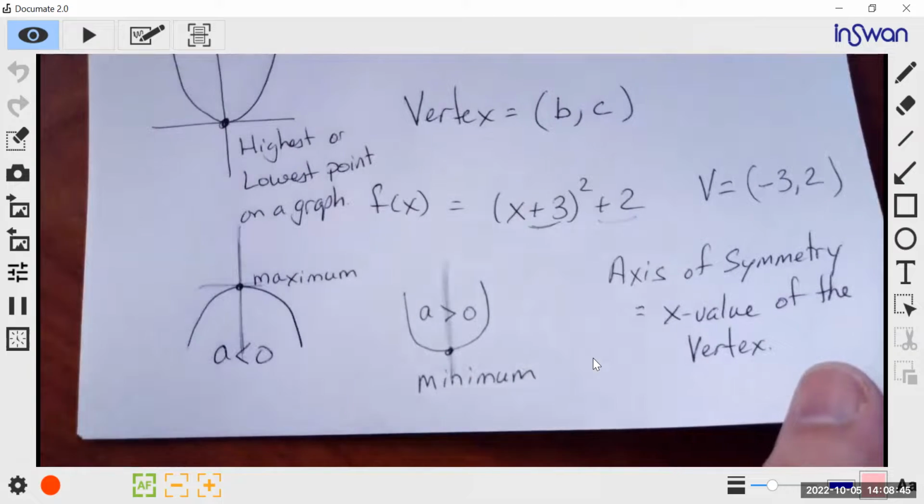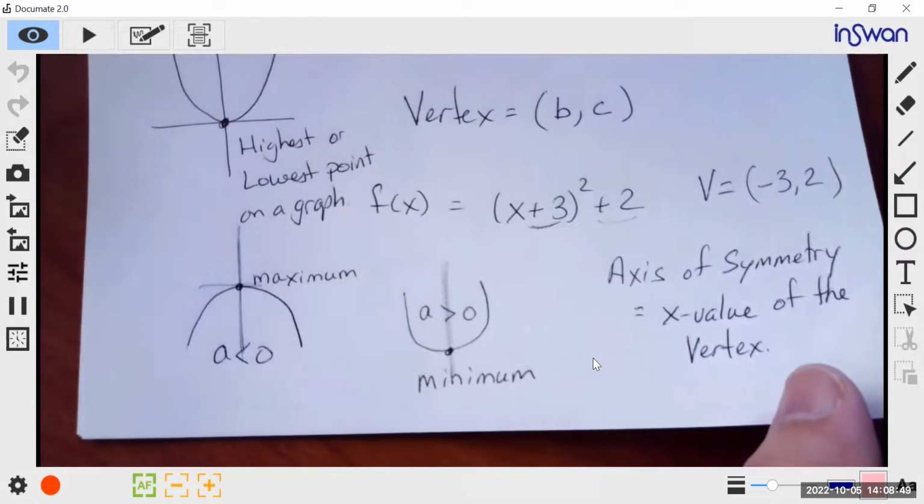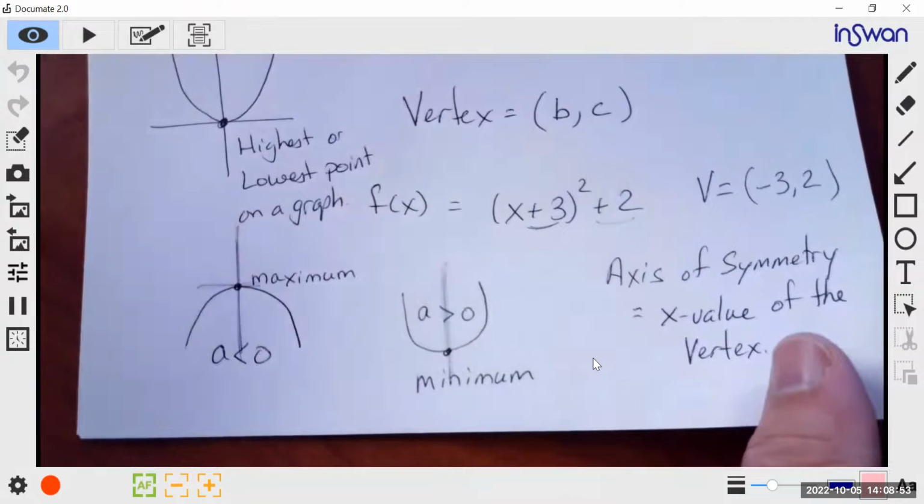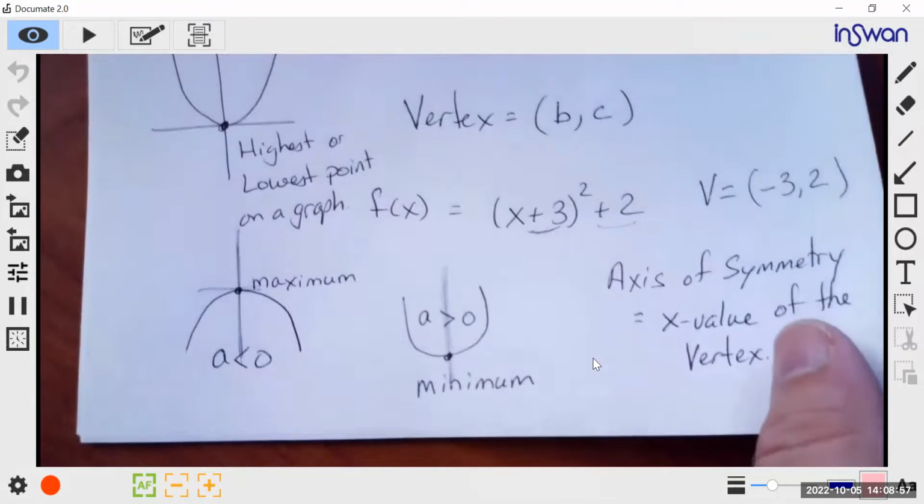So if I give you the function in vertex form or complete the square form, then just look for those parts. But I want to work using complete the square to get that point.